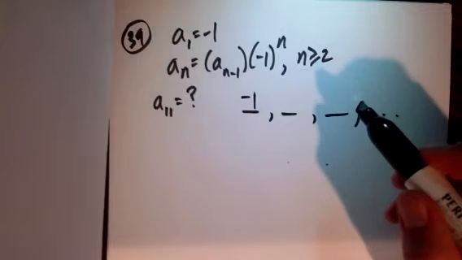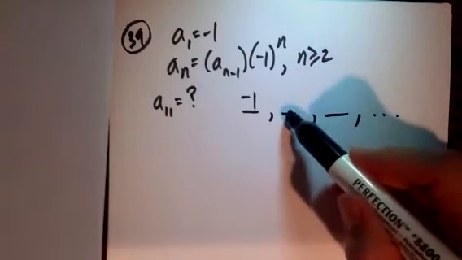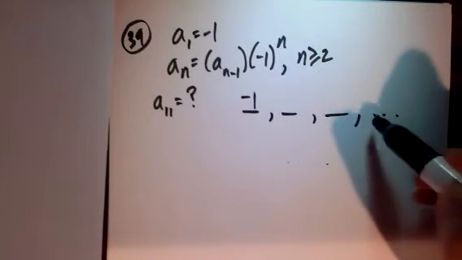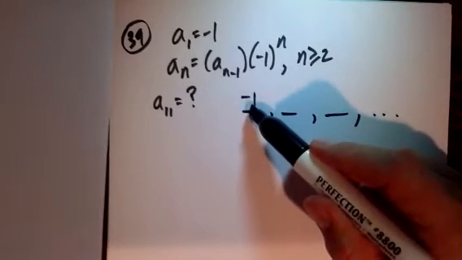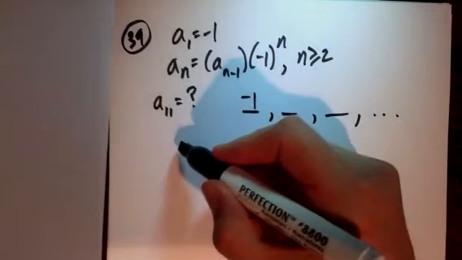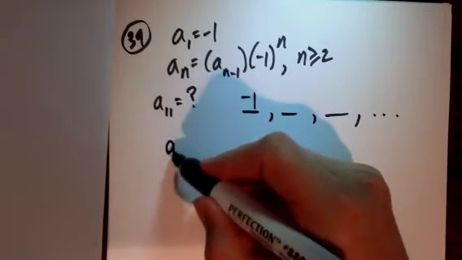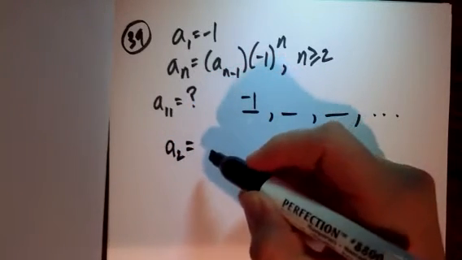Now it's a recursive sequence, which means that subsequent terms, or numbers in the list, will be based upon the previous number. So let's take a look at what A subscript 2 might look like.